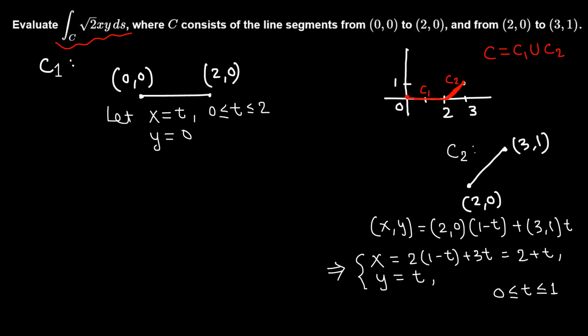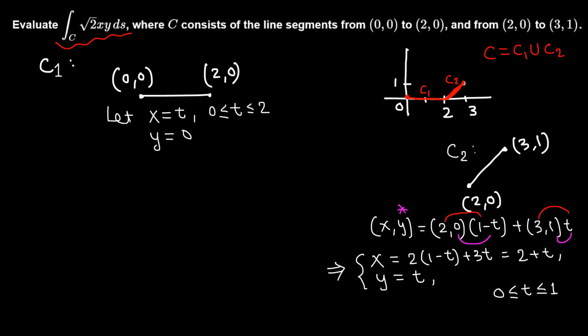Now x is just the first component, so x equals 2 times (1 minus t) plus 3 times t. Let's simplify: this is 2 minus 2t plus 3t, and minus 2t plus 3t is plus t, so 2 plus t. So x equals 2 plus t. In the same way, y equals the second coordinates, 0 times (1 minus t), which is 0, plus 1 times t, so just t. So y equals t. And with this type of work, t is always from 0 to 1.